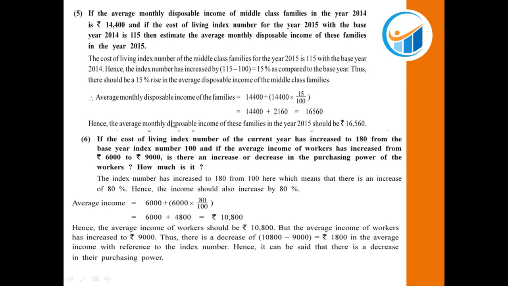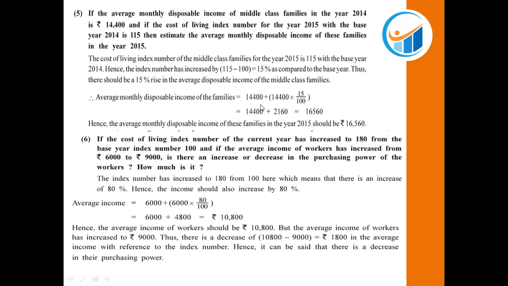So average monthly disposable income of families will be the income of the base year plus income into 15% that you have to make. So for 2014 base year's average monthly disposable income was 14,400 plus 14,400 into 15%, that is 15 upon 100, we get increase of 2160.